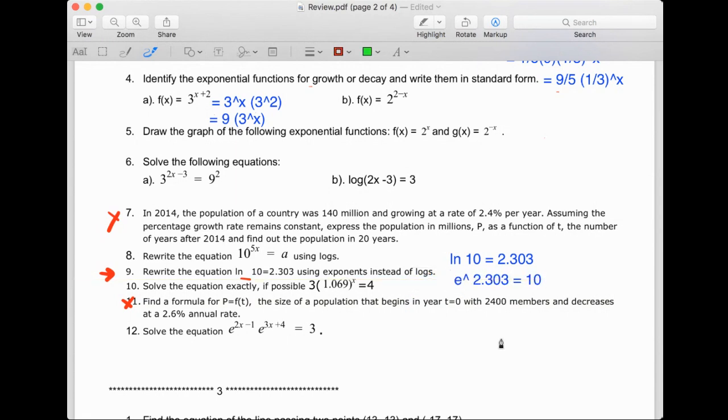Remember, log and exponential, we can switch the order, write one in terms of another. But the question is asking to write this using exponents instead of logs. Exactly. So now do you see I have e raised to 2.303? 2.303 is the exponent. Okay, so that would be the answer. Right. Okay.